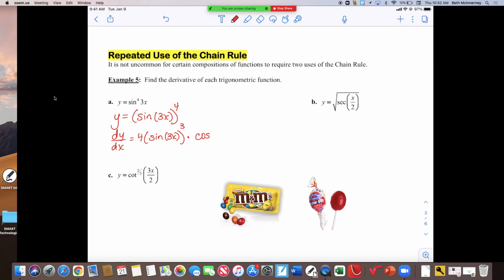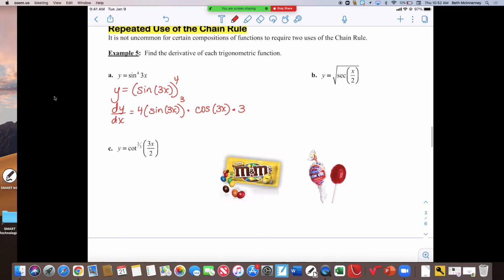I can't get to the gum yet till I get through the candy shell. Then I'm ready for the gum, which is the 3x, so I'm going to take that derivative as 3. So I might tidy that up as 12 sine cubed 3x times cosine 3x.